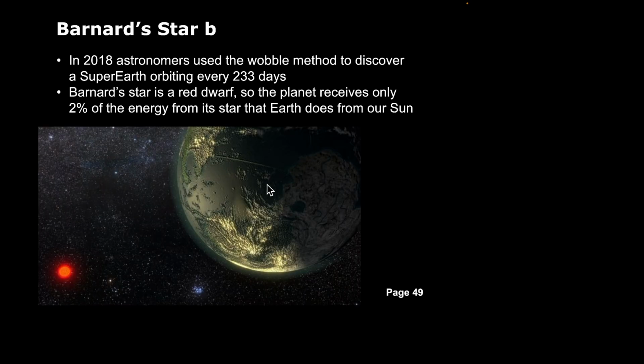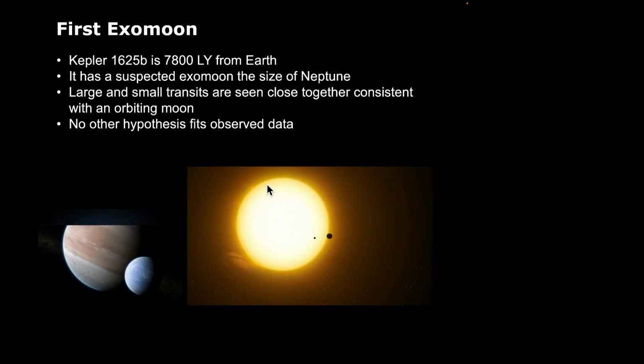Barnard's star is the second closest star system to our Sun, and it has the highest proper motion of any star. We recently used the wobble method to discover a super-Earth orbiting Barnard's star every 233 days, but it doesn't get much light from its star because the star is so faint. We also have found the first exomoon.